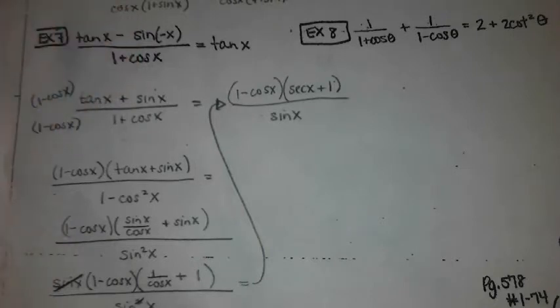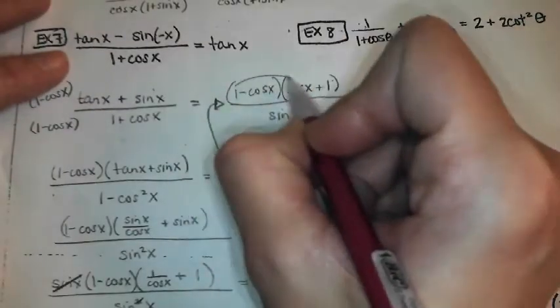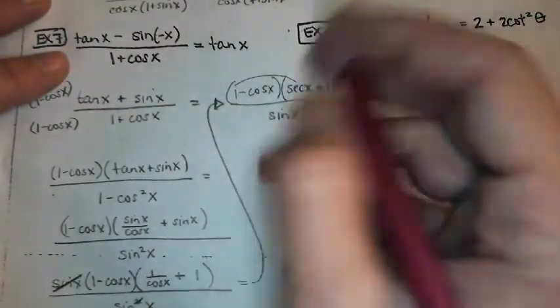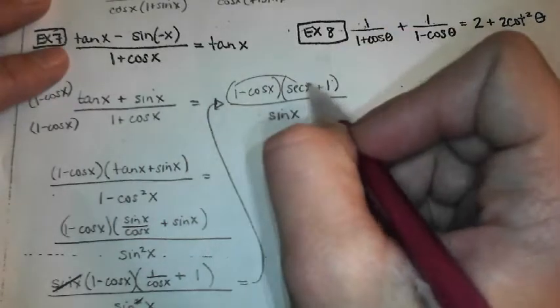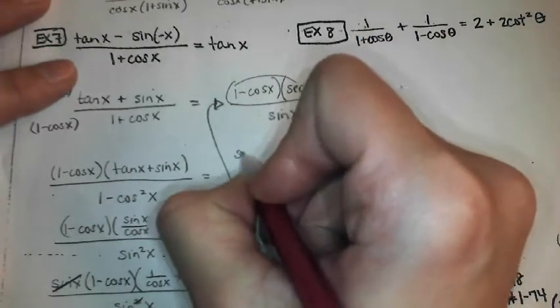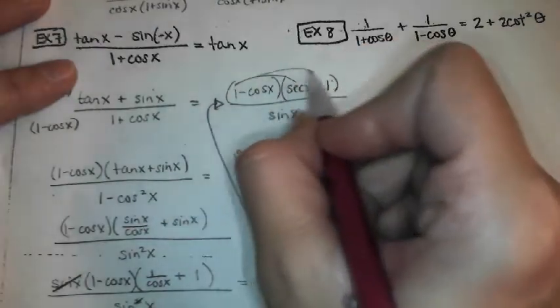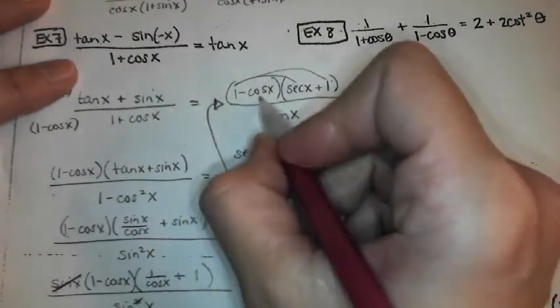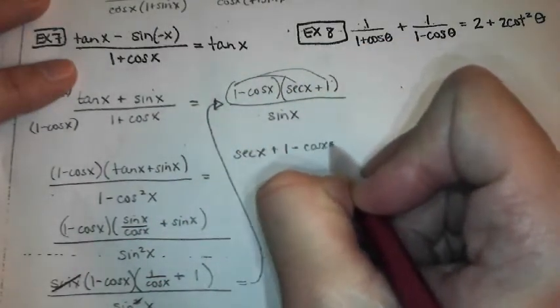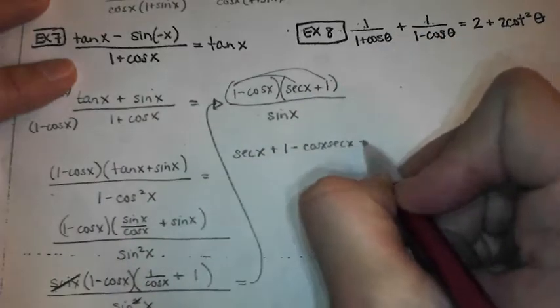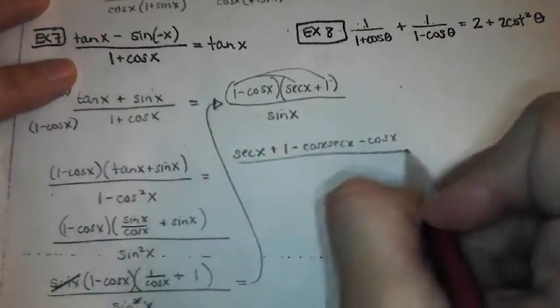Again, this is ugly and I don't really have great direction right now, but I'm just going to keep chugging through this and see what happens. So 1 times secant, I'll keep it secant because I just made it secant. And 1 times 1, then minus cosine x secant x, and minus cosine x. I'm foiling up top over sine x.